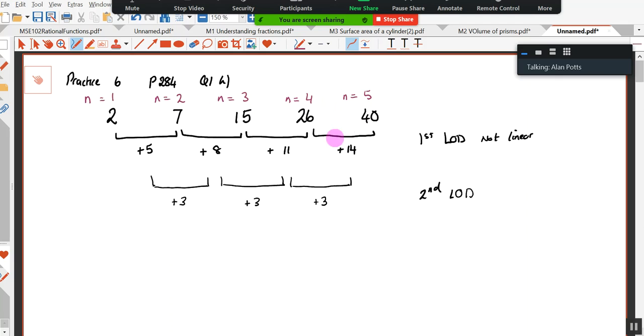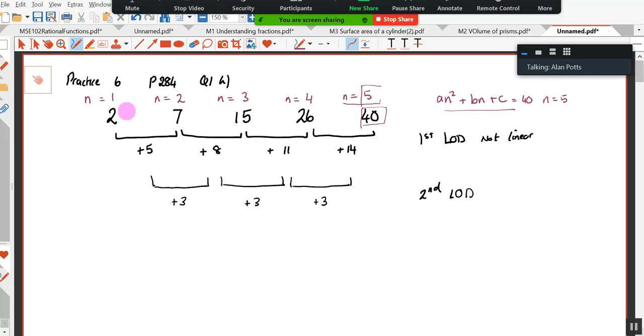And we would find these numbers by putting n into an squared plus bn plus c. So when n equals 5, this should equal 40.